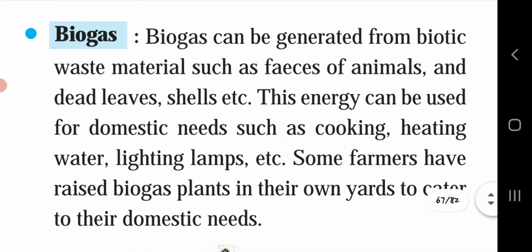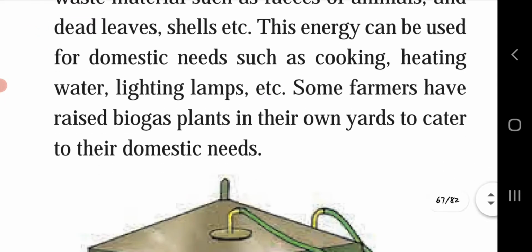So biogas can be generated by using biotic waste materials which are naturally available, like the waste product of animals, the dead leaves and the shells. This can be used for creating biogas. After creation, the gas can be used for cooking, heating water, lighting lamps and for different purposes.